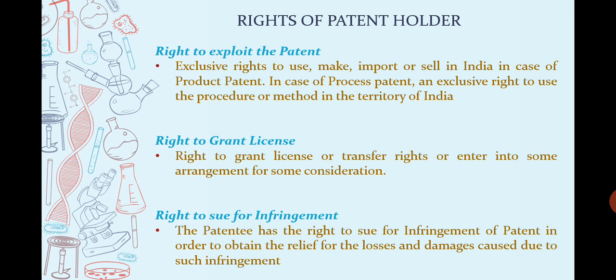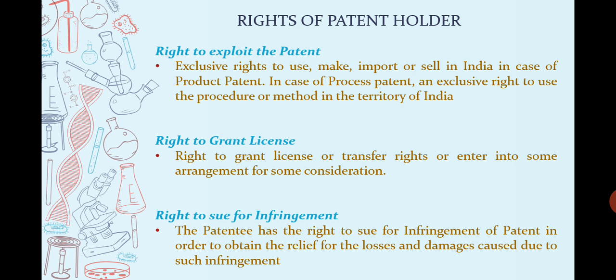If the controller is convinced that all the formalities provided under the Patent Act are met, that it is new, it involves an inventive step and industrial application, and that all the specifications, the drawings, the layouts have been provided by the applicant as per the Patent Act, then the controller goes on to grant the patent. The term of protection of a patent is 20 years from the date of application.